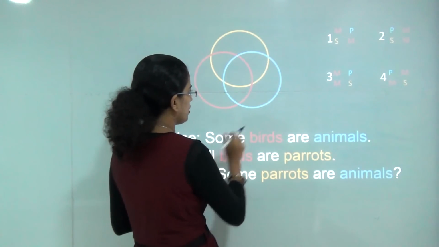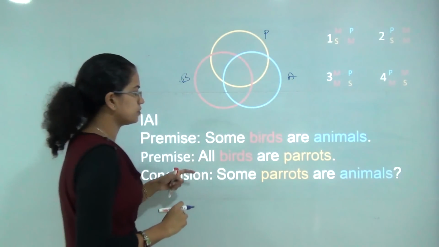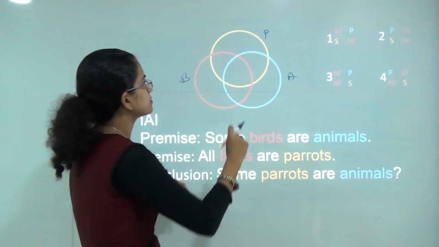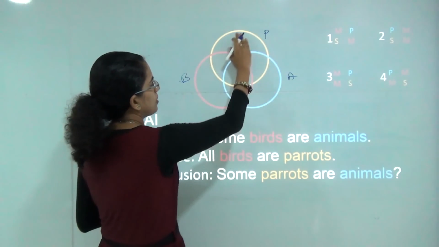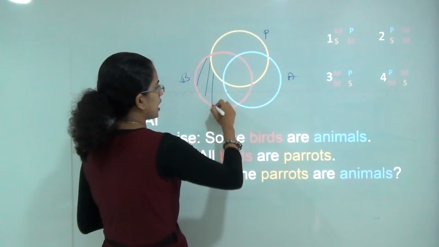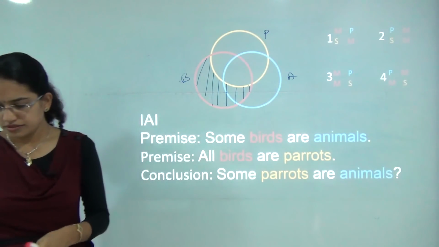So I have animals, birds and parrots. Now I will do all birds are parrots. So all birds are falling in this region, so I am removing this region.